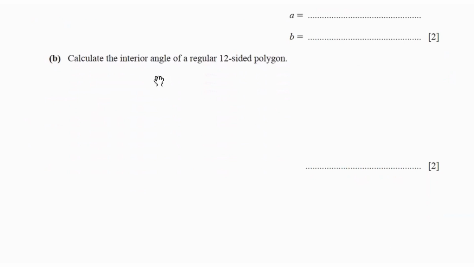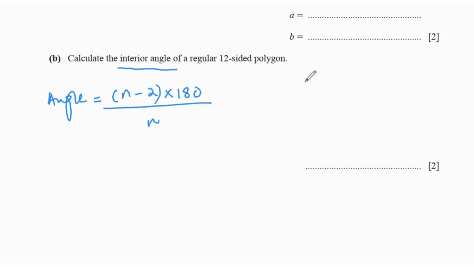Part B says calculate the interior angle of a regular 12-sided polygon. Interior angle has the formula of n minus 2 times 180 divided by n, n being your number of sides. And this formula is used when you have a regular polygon, not an irregular polygon.